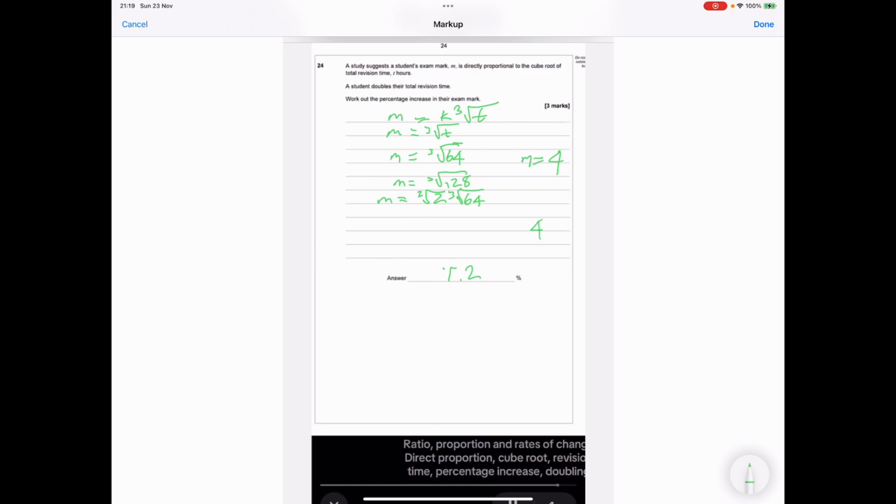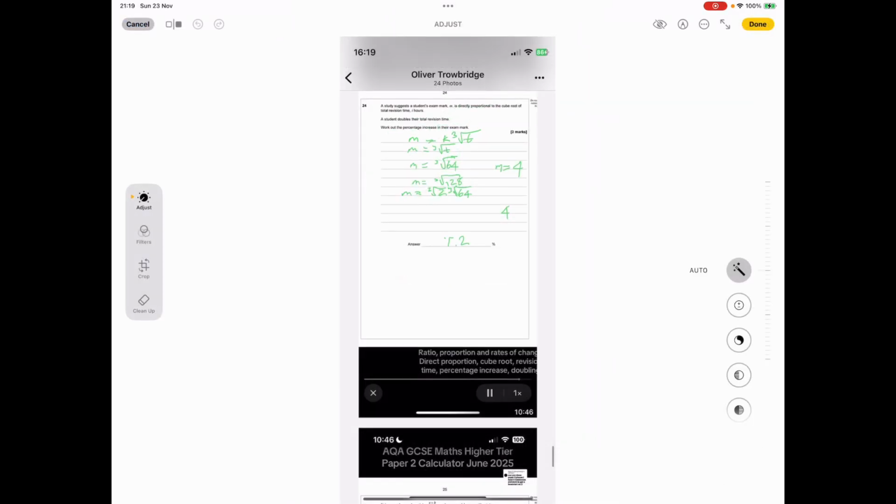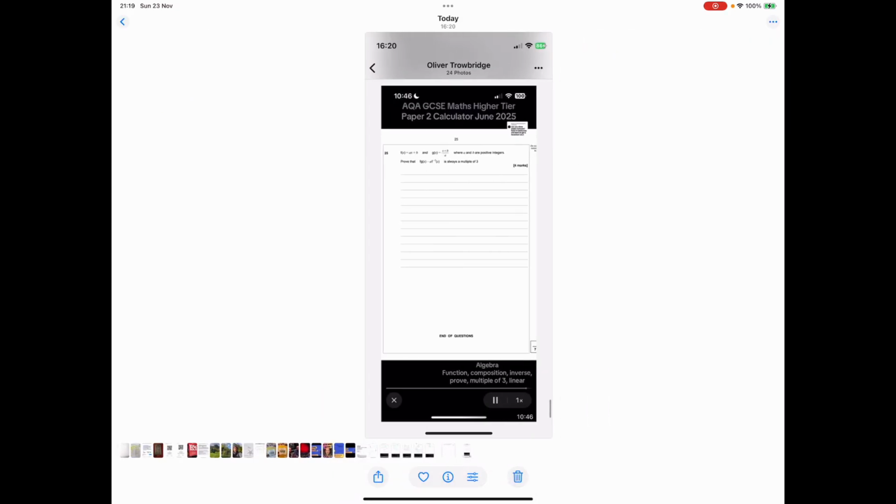The cube root of 128 equals 5.03. Yeah, it's not enormous amounts. Cube root of the total revision time. So it only goes up by 1.2%. I don't really know what I'm meant to do with that.